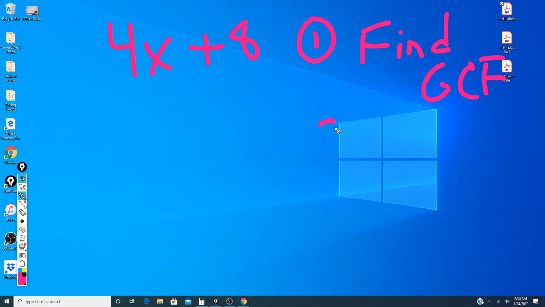You do that, you set it outside of the parentheses, SOP, as we like to call that. And then number 3, backwards distributive.